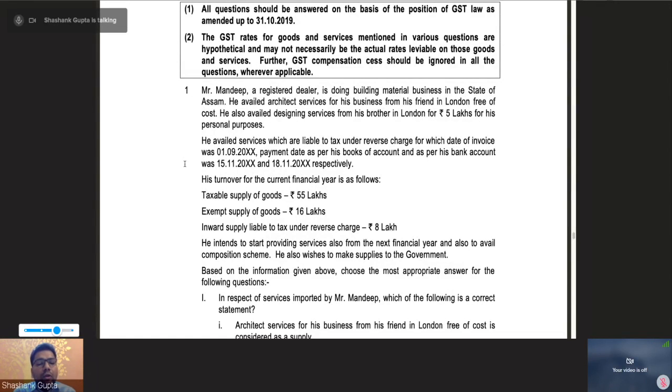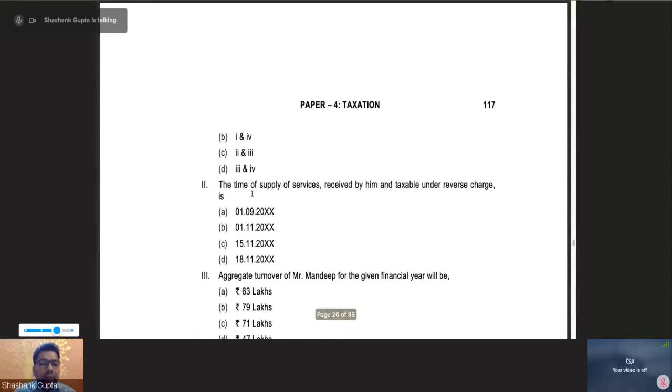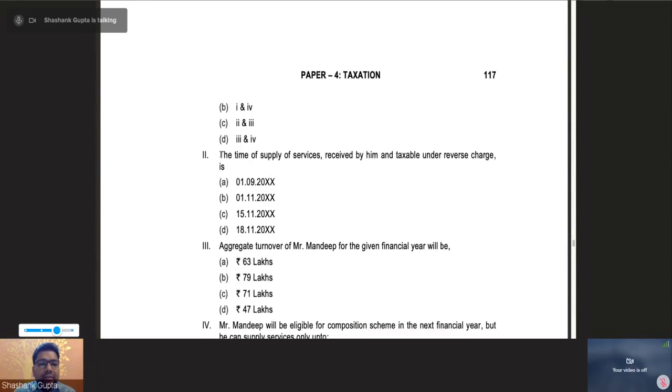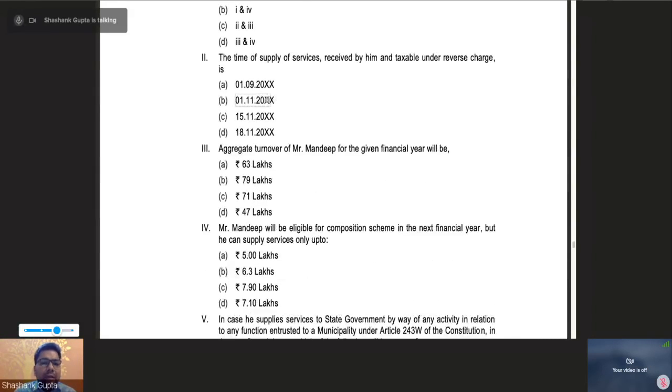And out of 1st of November, 15th November, 18th November, which is the earliest? 1st of November is the earliest, and hence the answer for this should be 1st of November. Okay? So again, if you could recall the provision correctly, this would have been a simple answer.